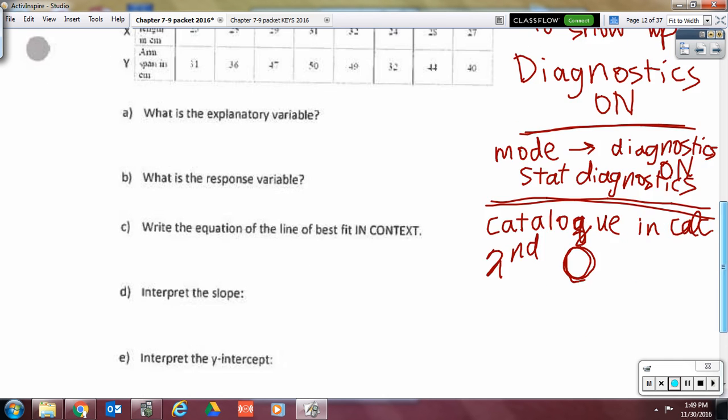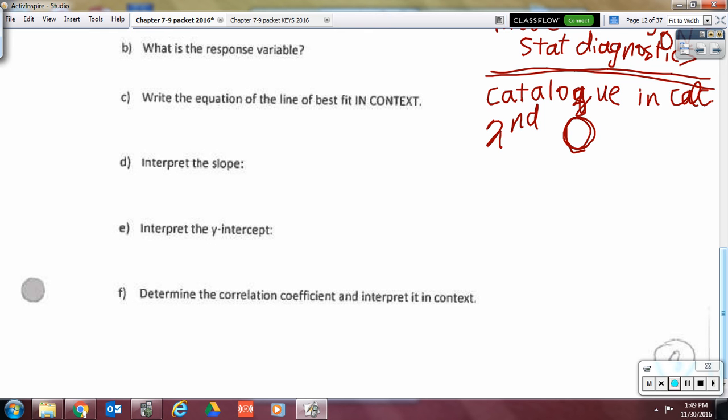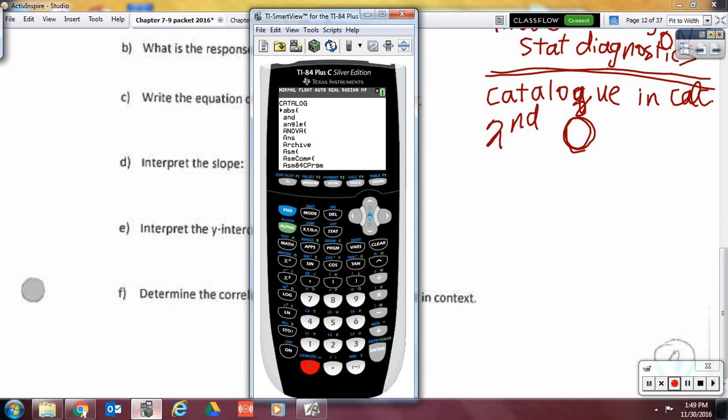Now, I'm starting in the A's, but I have to go all the way down to the D's for diagnostics on. So that's kind of a long trek down there to that part of the alphabet. So if you happen to notice above this button, X to the -1, it has a letter D there, so it'll jump to the letters in that part of the alphabet.